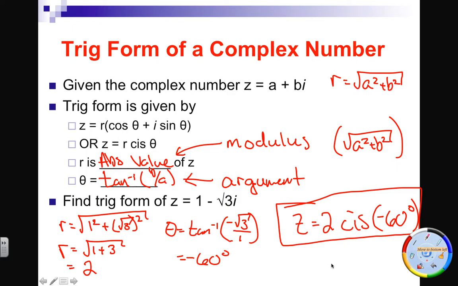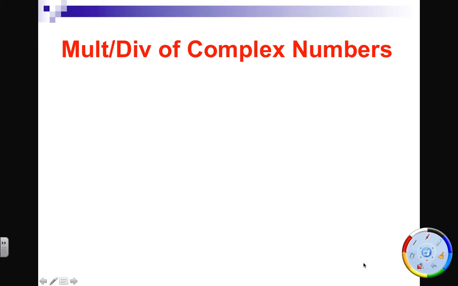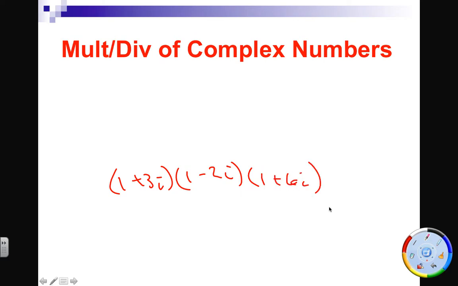Very, very simple. But we need to be able to use this in different fashions. So what we want to do is be able to multiply and divide complex numbers quickly. So you might remember having to do something like this: 1 plus 3i times 1 minus 2i times 1 plus 6i.